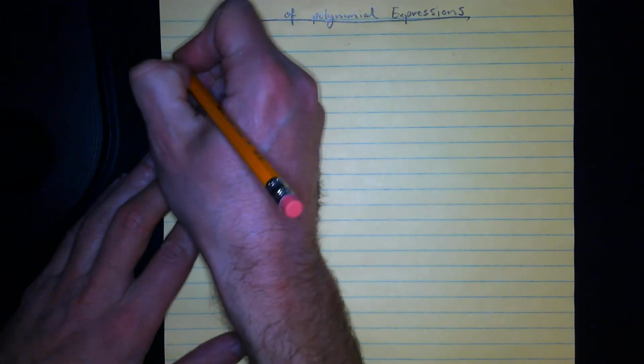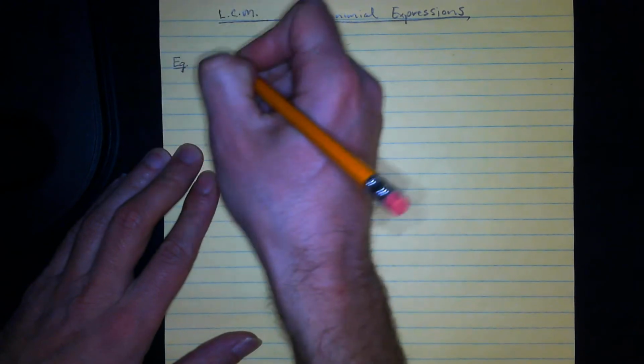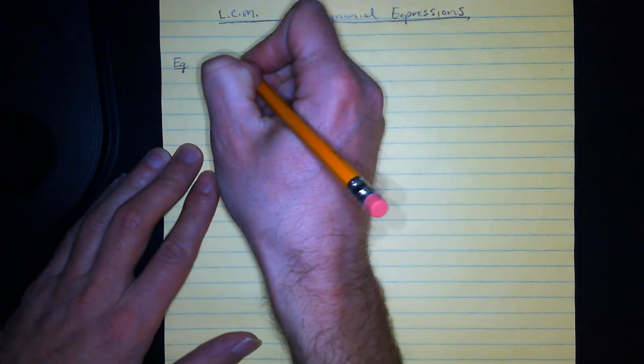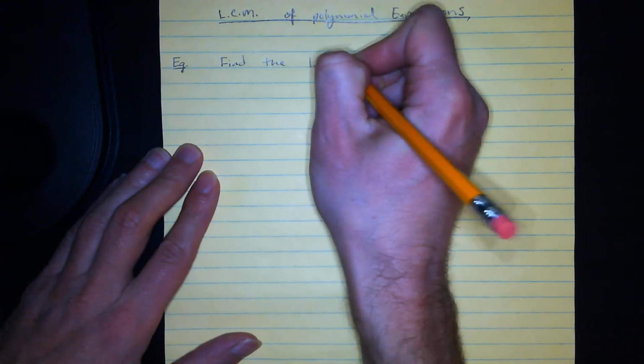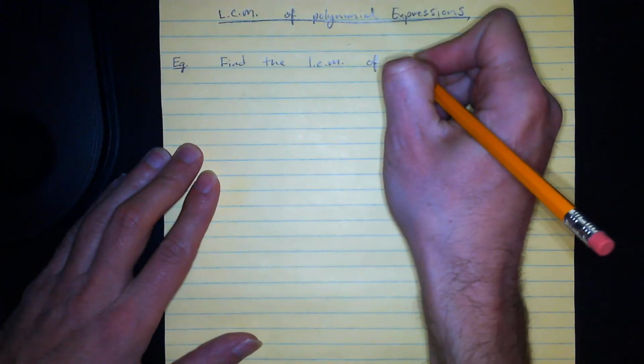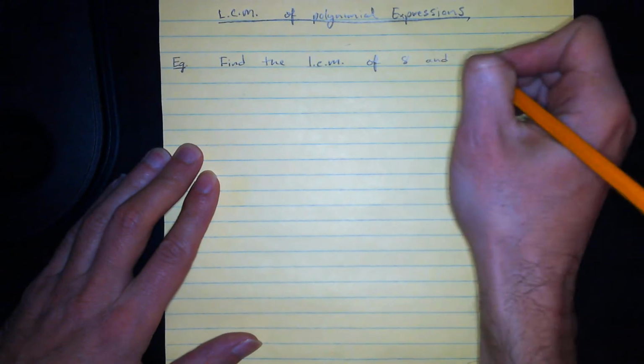The least common multiple of polynomial expressions, and we'll just start with a numerical example, as I said. Okay, so for example, let's find the least common multiple of 8 and 12. Now this is in Unit 1 of the textbook if you want to go back and read about that, but I think I'm going to take a bit of a different spin here.